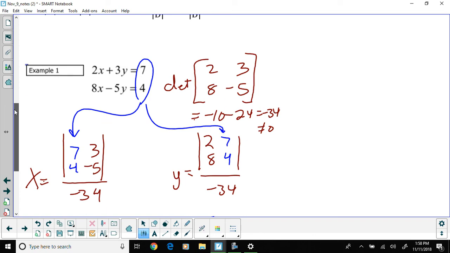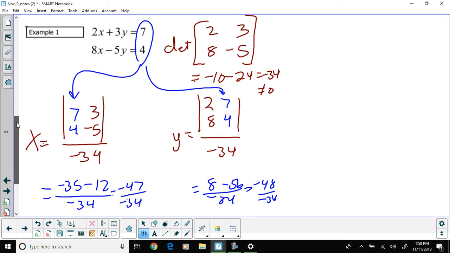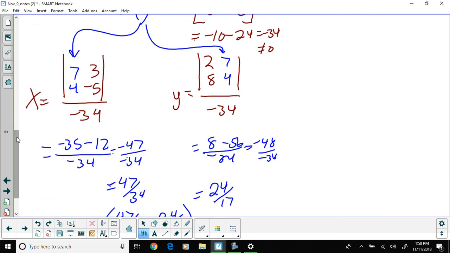Now all I have to do is find the determinants of the numerators. Negative 35 minus 12 is negative 47. And 8 minus 56 is negative 48. Now I reduce those down, and I get 47 over 34 and 24 over 17.